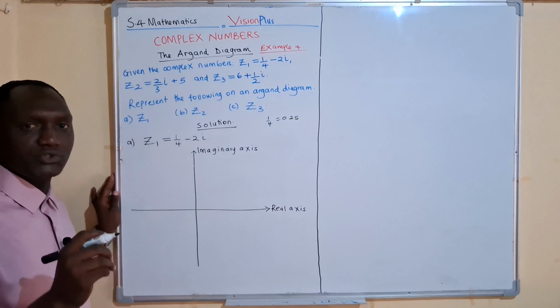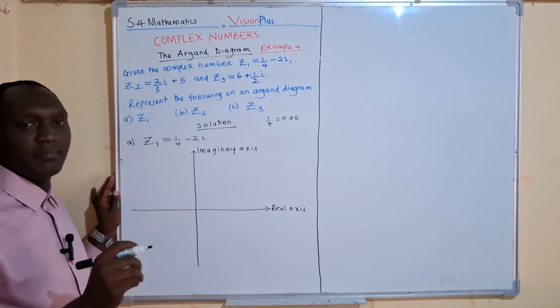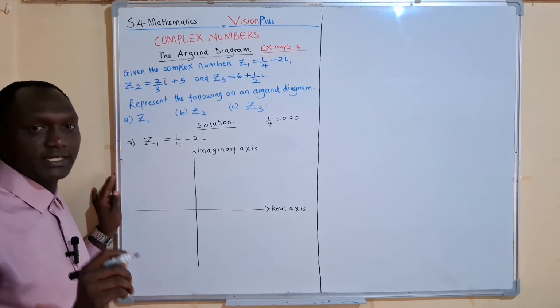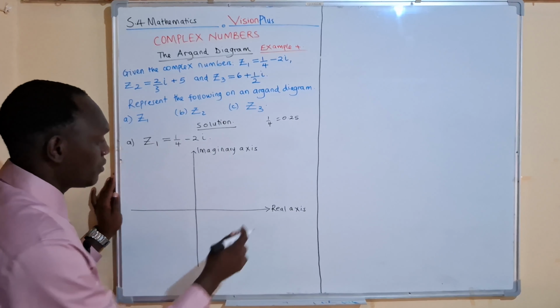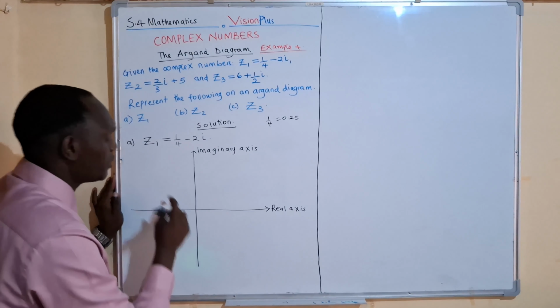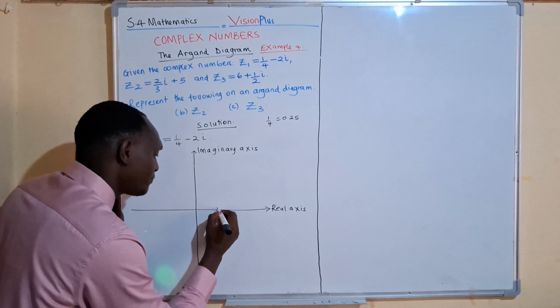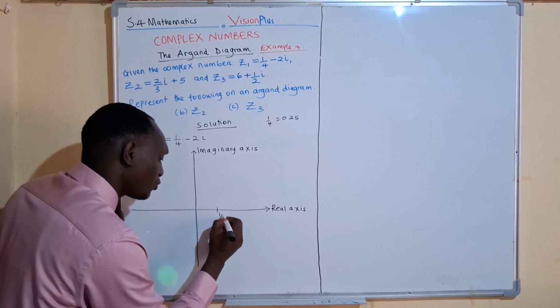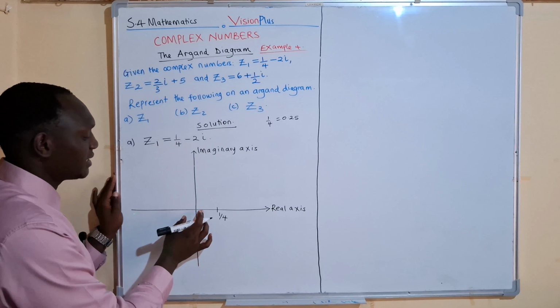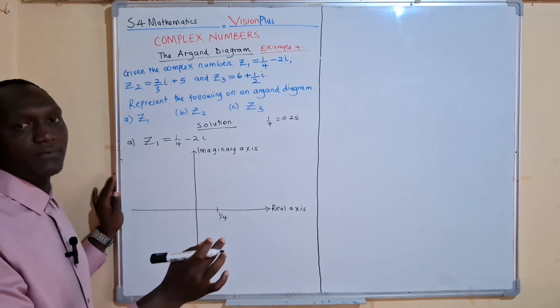Here, do not stress yourself to get a perfect scale. We don't represent it perfectly. So what do we do? On the real axis, we just need to locate 1/4. So you can just come and say somewhere here, this is 1/4. It's straight away. You don't need to indicate maybe 1, 2, 3, 4.